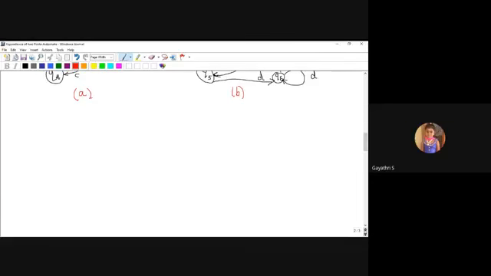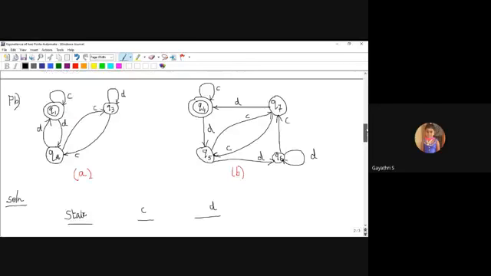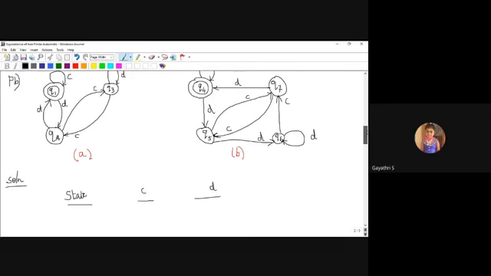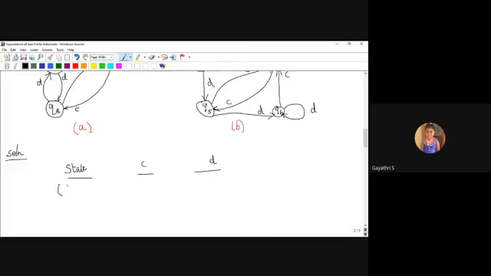You can proceed with the problem. First, you have to write the state, then the alphabet C and D. So start with the initial state pair: the initial state of automata 1 is Q1, the initial state of automata 2 is Q4.